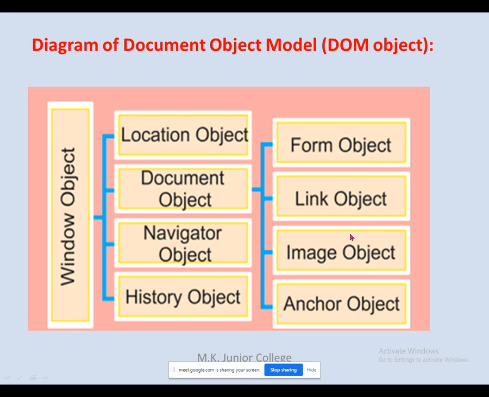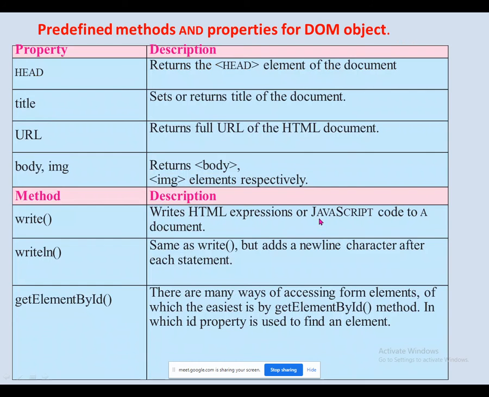So today we'll move towards the next topic, that is predefined methods and properties for the DOM object. ये बहुत इंपॉर्टेंट आपके लिए है, इसके लिए डॉक्यूमेंट ऑब्जेक्ट का है ये, because MCQ type questions you may get from this: following are the properties of the document object, or following are the methods of the document object. So the topic is predefined methods and properties for the DOM object.